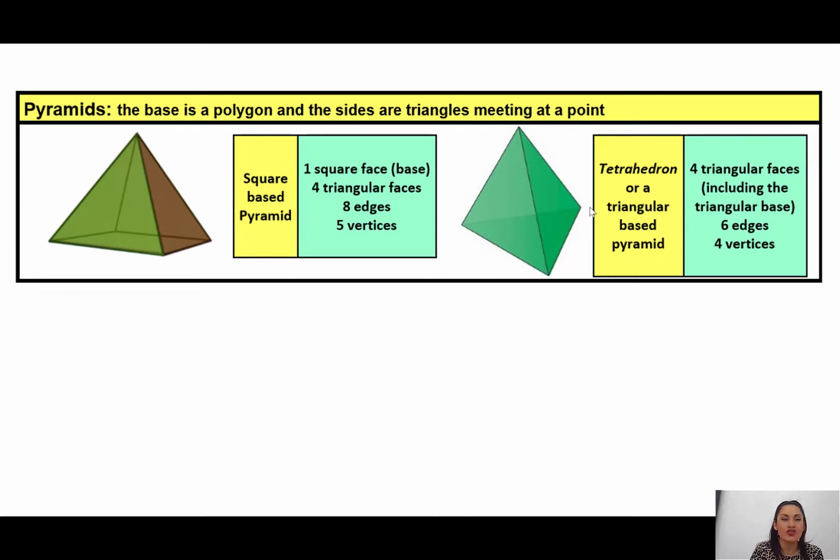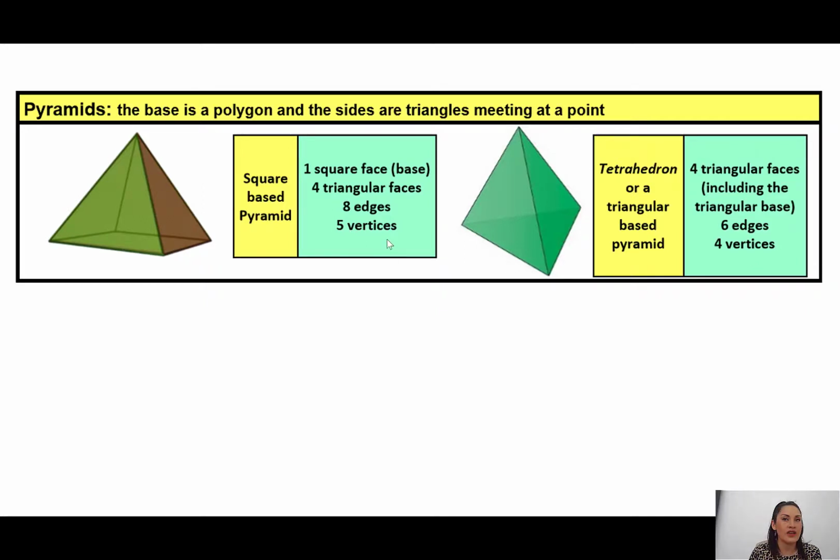And we have a tetrahedron, which is a triangular-based pyramid. It has a triangle at the bottom, and the sides are triangles that all meet at a point at the top. Each one has different amounts of faces, different amounts of edges, and different amounts of vertices.